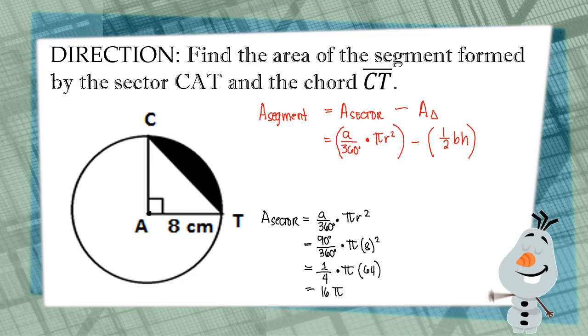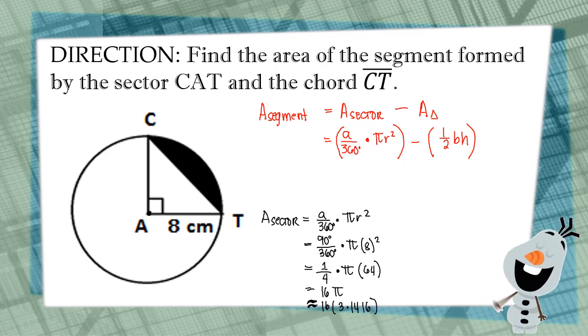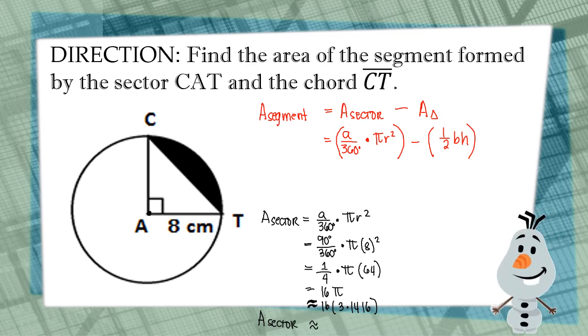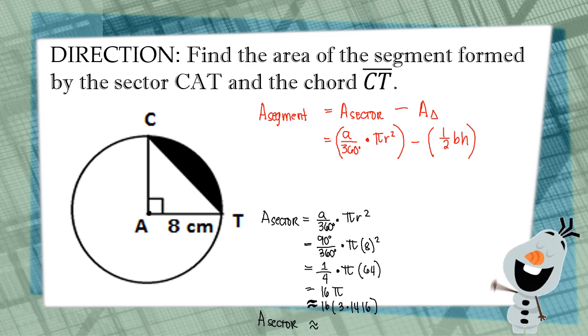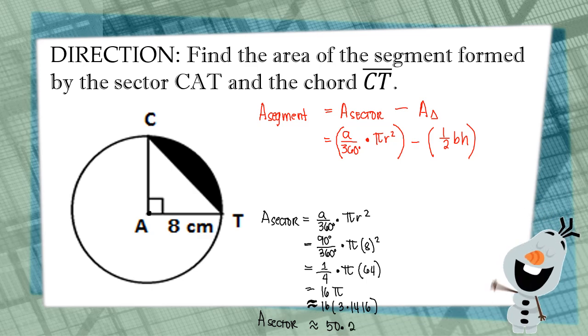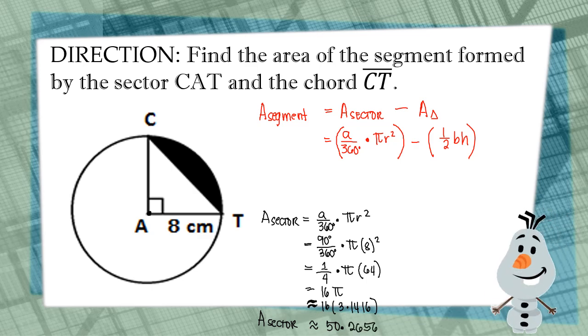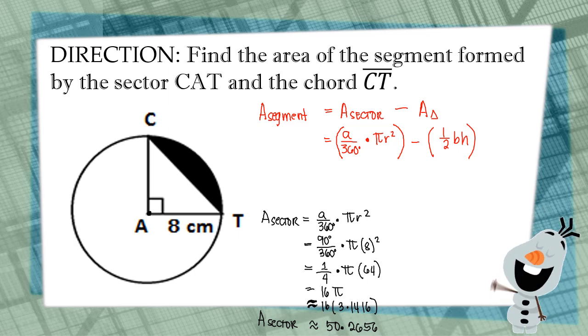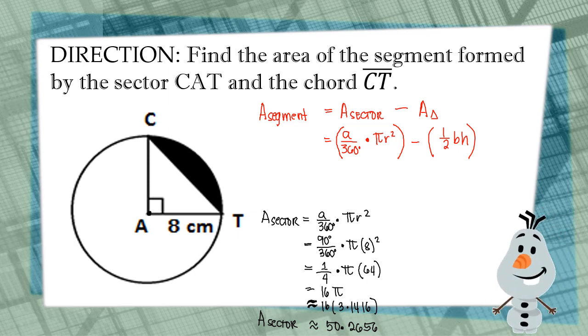But of course, we need to simplify this by multiplying 16 by the approximate value of pi that we are using, 3.1416, and therefore the area of our sector is approximately equal to 50.2656. We are not allowed to round it first since we are not yet at our final answer.